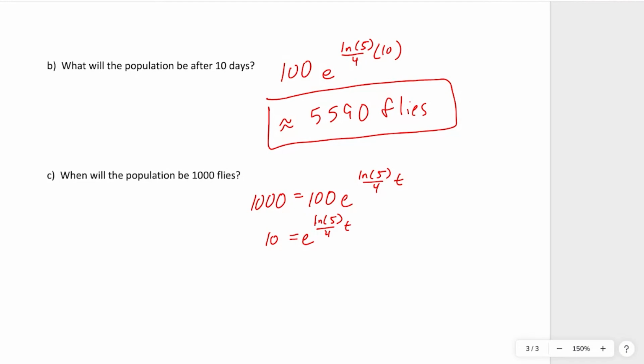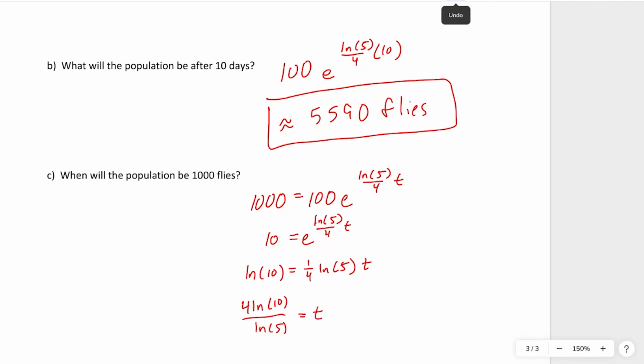Then we'll take the natural log of both sides. Hopefully you can see algebraically where this is going. And I'll write that as actually 1/4 natural log of 5, just to make it a little bit more obvious what's going to happen here. Then we need to multiply both sides by 4 and then divide both sides by natural log of 5. So we get 4 natural log of 10 over natural log of 5.